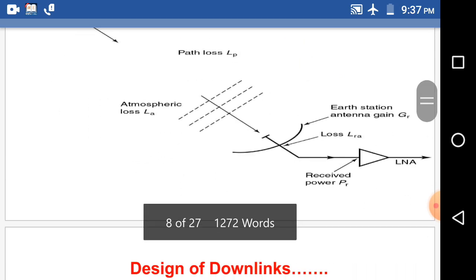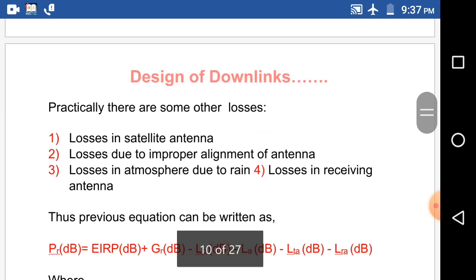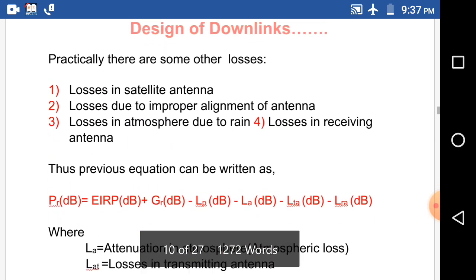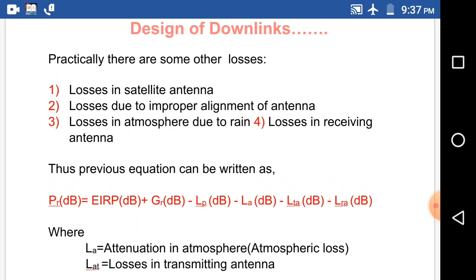So we will consider all the losses in our design, and hence your final design equation for received power equals EIRP in dB plus gain of the receiver antenna in dB minus path loss in dB minus atmospheric loss in dB minus antenna transmitter loss in dB minus receiving antenna loss in dB.